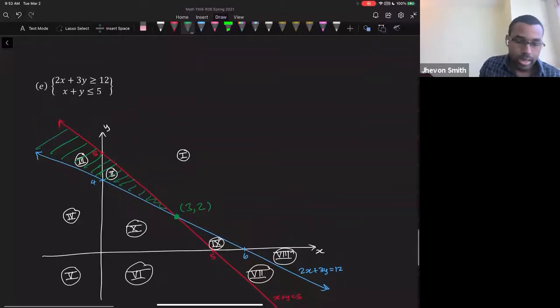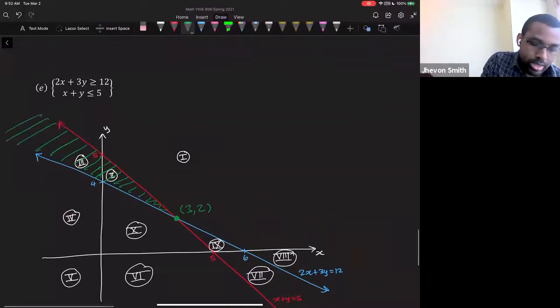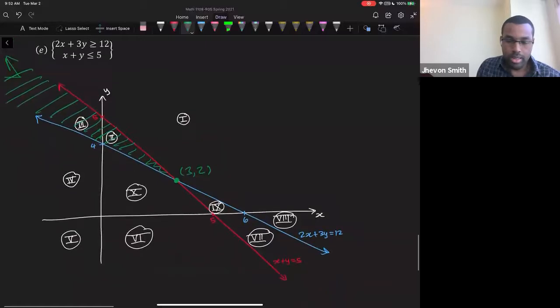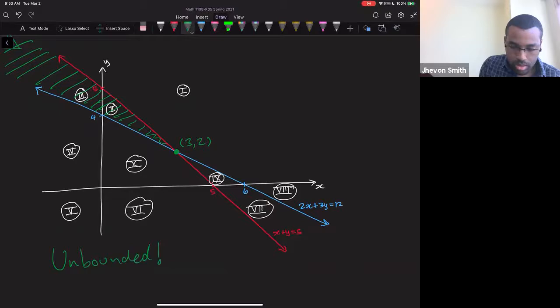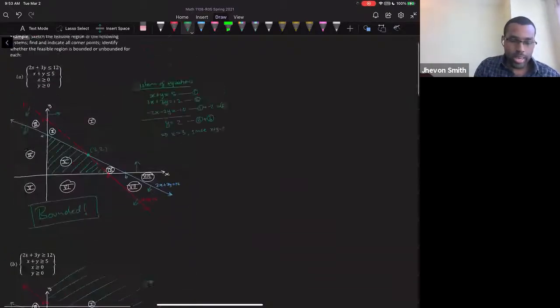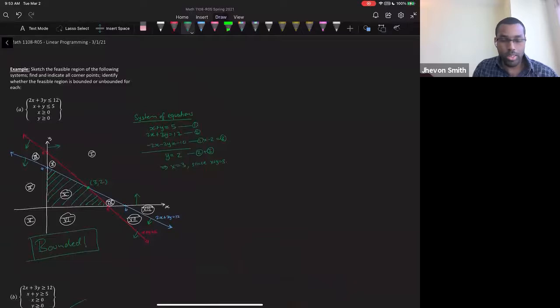Right? And in this case, notice that this kind of goes off like that. And so bounded or unbounded? Unbounded. So that is how we can find solutions to systems of linear inequalities.